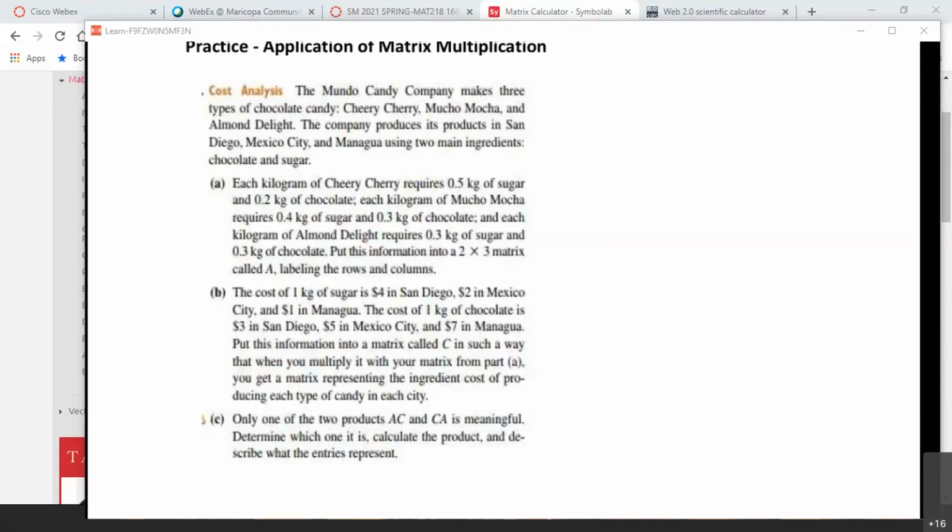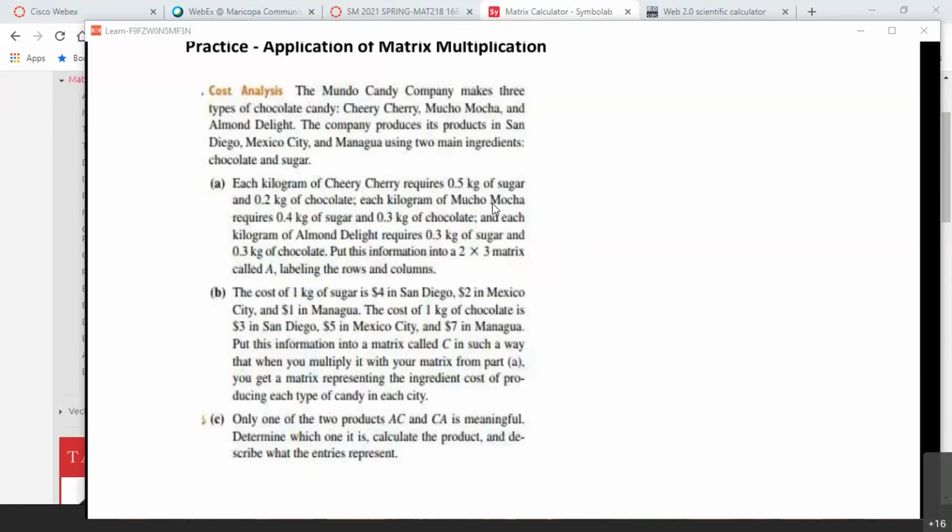We've got 3 products, 3 production locations, and 2 main ingredients. All of these things are going to become dimensions in matrices. Each kilogram of cherry requires half a kilogram of sugar and 0.2 kilograms of chocolate.